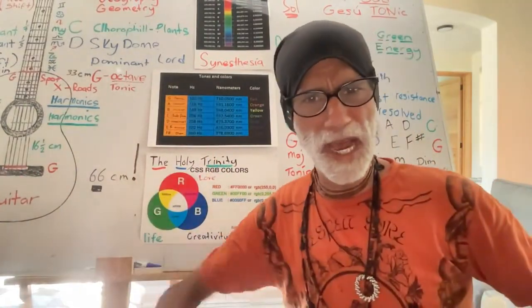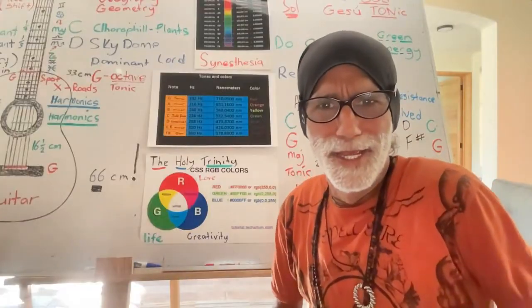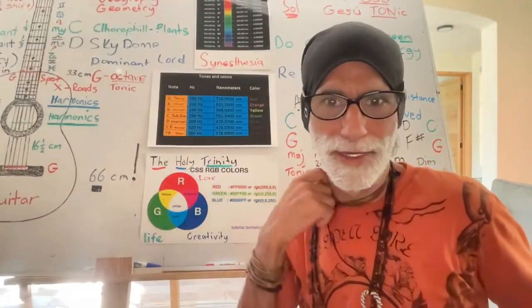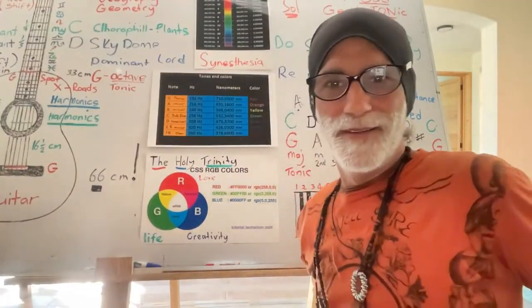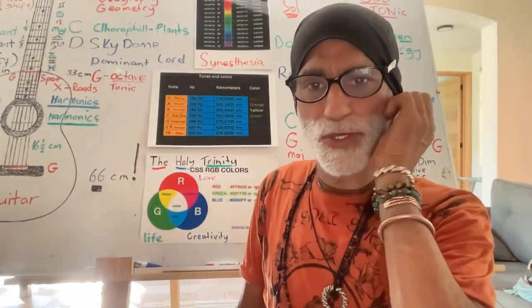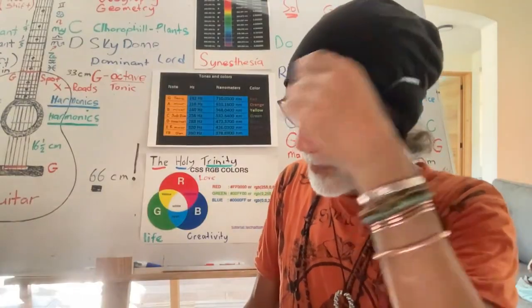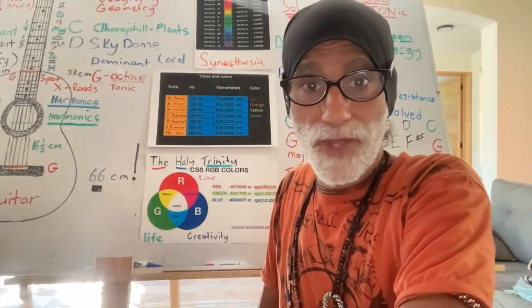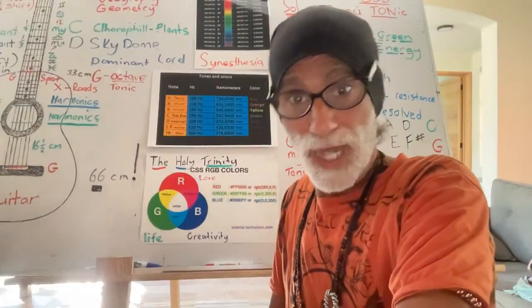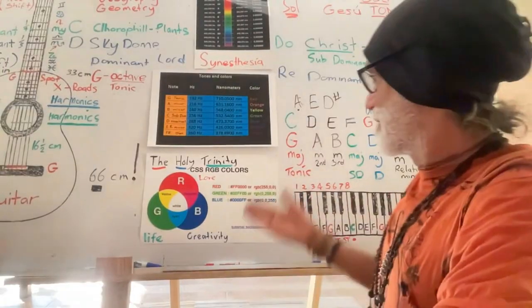Hey, let's do a song in A flat. You rarely hear someone do that, and most pop artists won't write in those keys because they know they're difficult for people to play in. So they keep things simple.